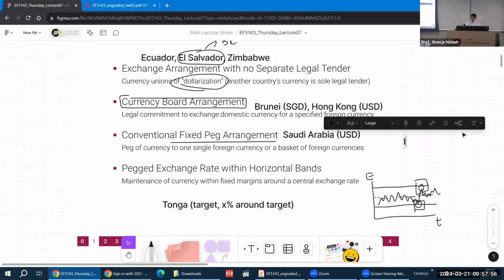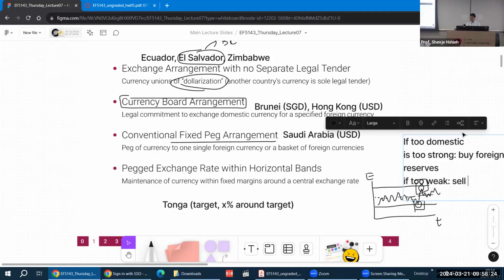So if domestic is too strong, you buy foreign reserves. If too weak, sell foreign reserves.